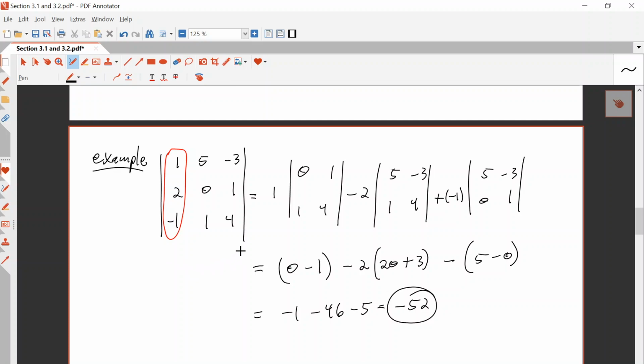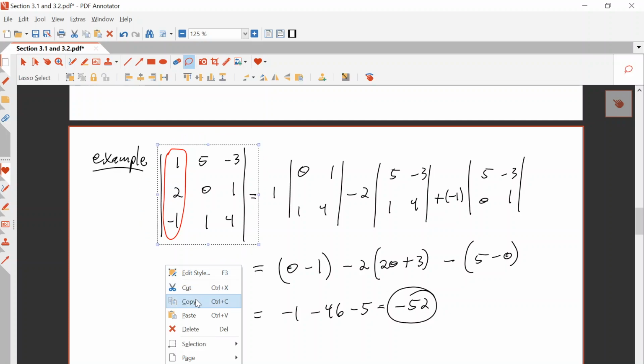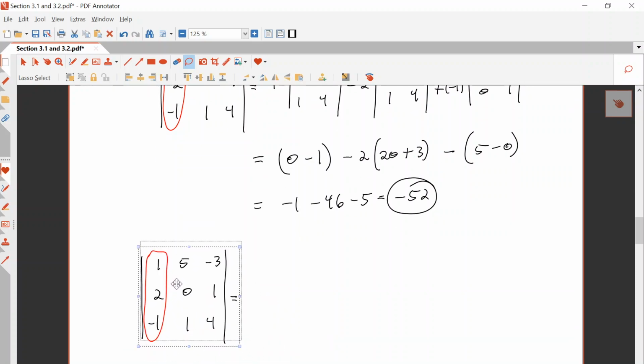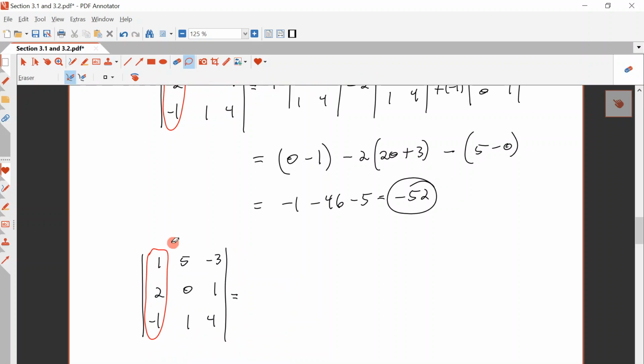All right, let's calculate it a different way, expanding around a different row or column. This time we'll do row 2. Now, you only have to do this one way. I'm just giving you several examples to show you that it always comes out to be the same thing.